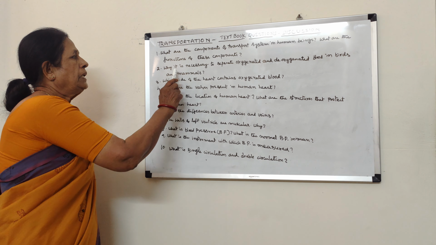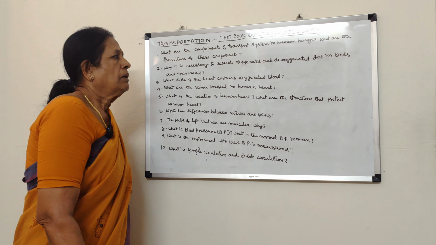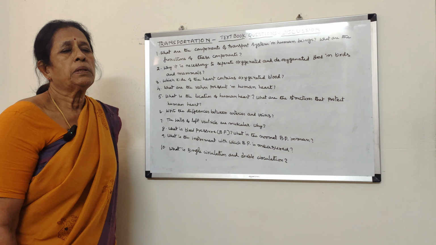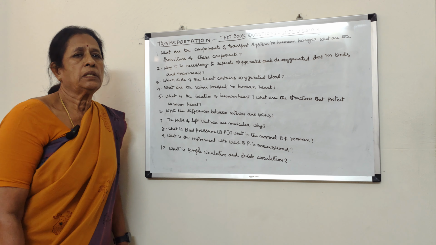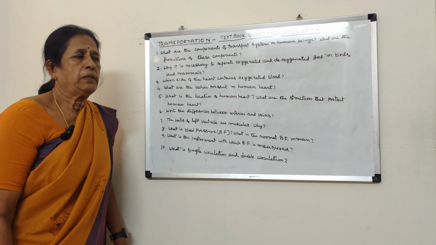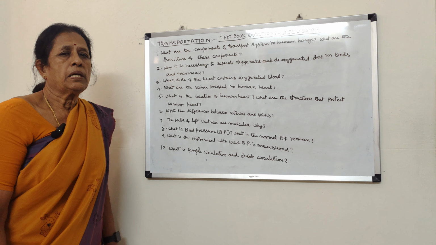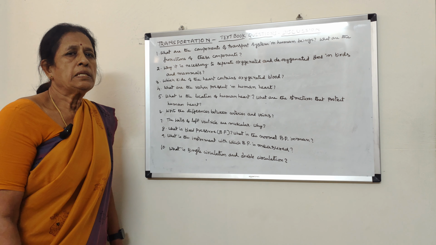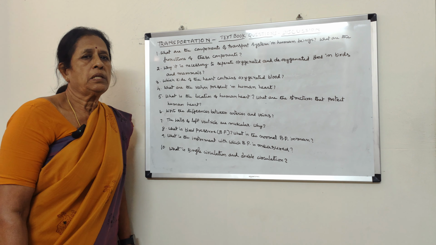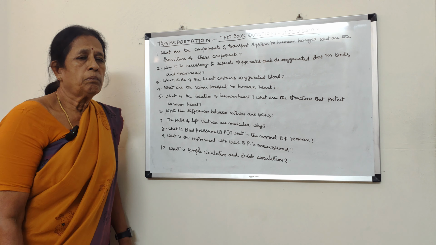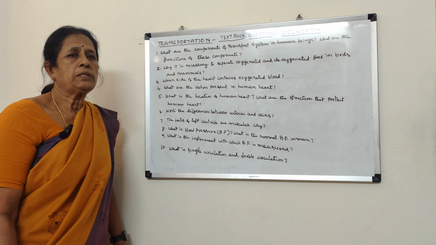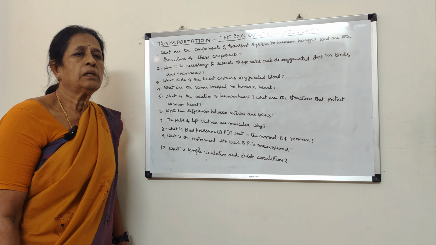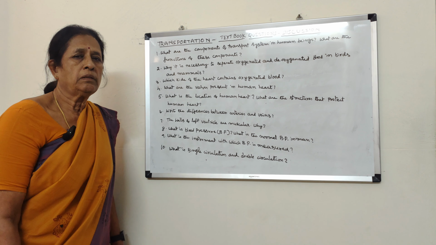And why is it necessary to separate oxygenated and deoxygenated blood in birds and mammals? It is very important. Why? Because in primitive classes like fishes, amphibians, and reptiles, there is no complete separation of oxygenated and deoxygenated blood. But in the case of birds and mammals, the heart is divided into complete 4 chambers separating oxygenated and deoxygenated blood.